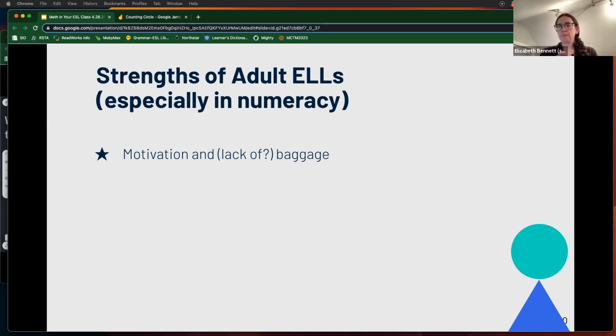Also, I think we talk about math trauma for American students who have been through the American school system. A lot of us probably have some math trauma. And ELs, since they come from other educational systems, might not have that same baggage.